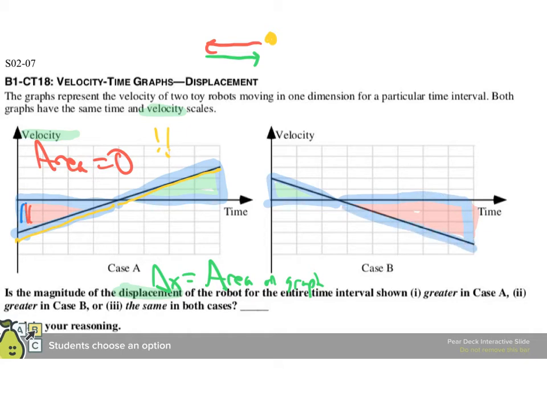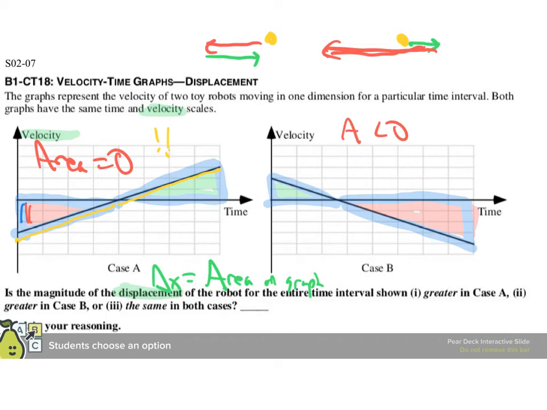So if we were to sketch this, and it started at some origin like this, it moves to the right some amount getting slower, and then it moves to the left, and it does so getting faster and for more. So it ends up something like this. Its displacement is some large negative number.